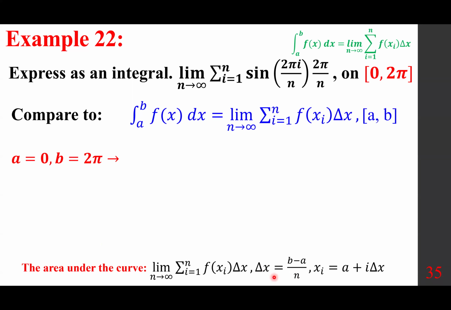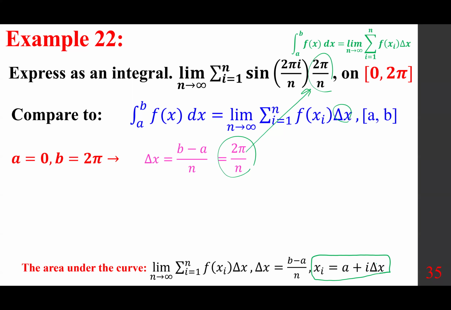Delta x is b minus a over n. So 2 pi minus 0 over n, 2 pi over n. And so this is the delta x. x sub i equals a plus i delta x.